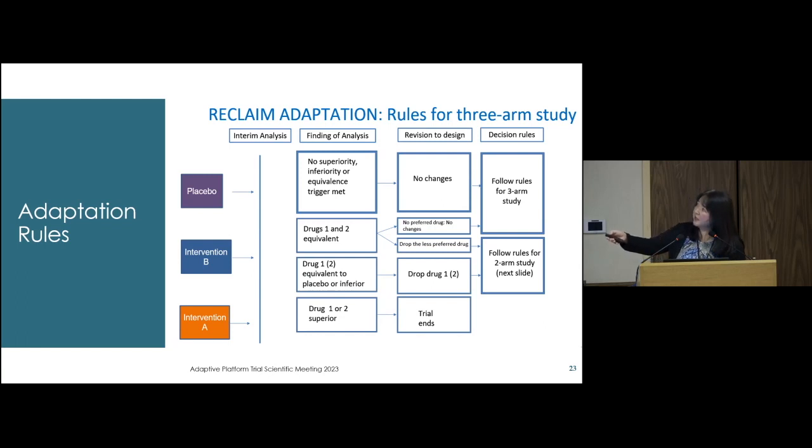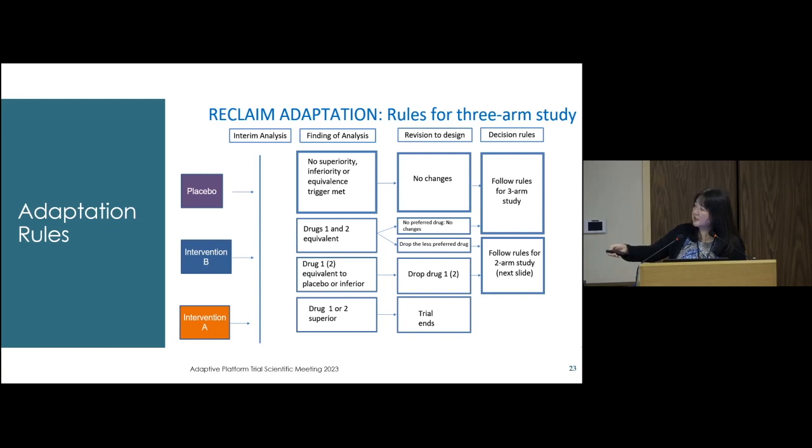If there's nothing happening, there are no changes and we continue. If drug 1 and 2 or A and B are equivalent, then it depends on which is the preferred drug, and then you can continue or you drop to a 2-arm study.